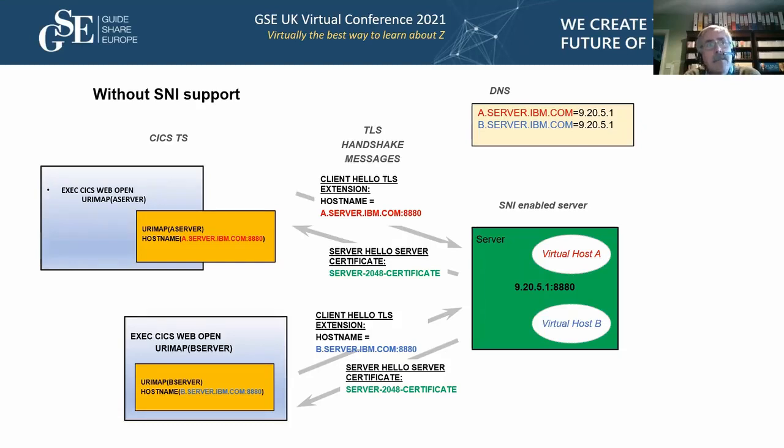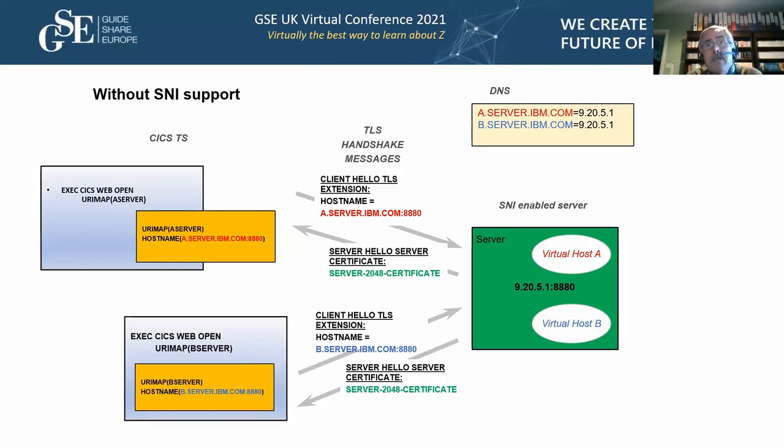So without SNI support, you get a CICS client issuing a request to virtual host A, or another client issuing a request to virtual host B. In the first case, there's a URI map, which has got a host name with the A server. And in the second case, you've got a host name of the B server.